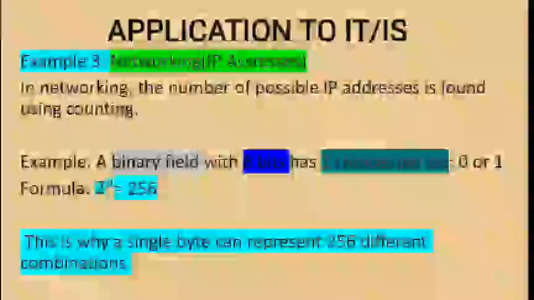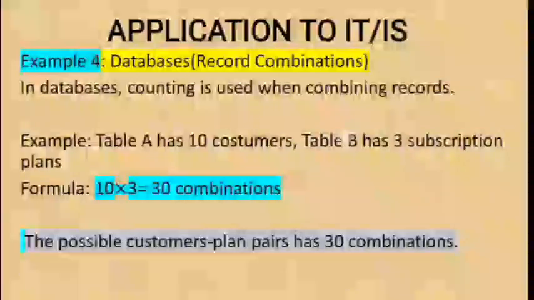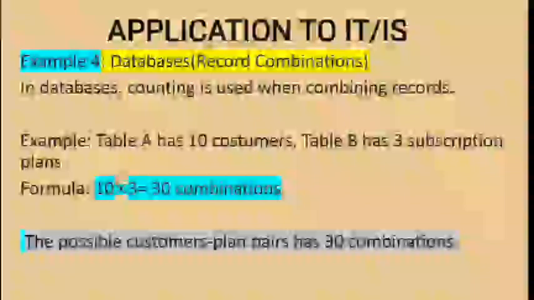So we take the 2 choices per bit, and the 8 bits is the exponent. 2 raised to 8 is equal to 256. This is why a single byte can represent 256 different combinations.